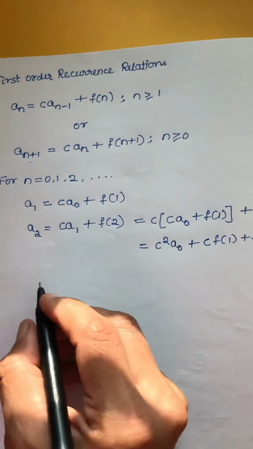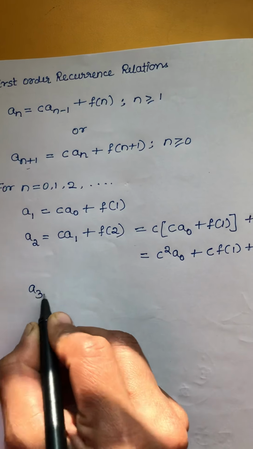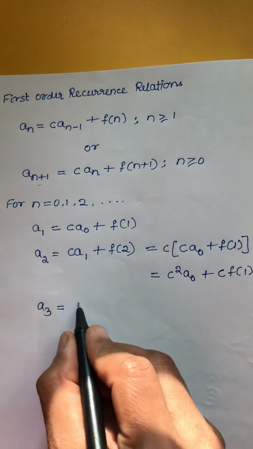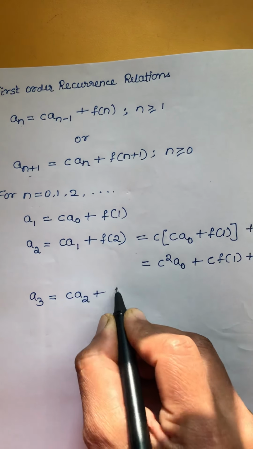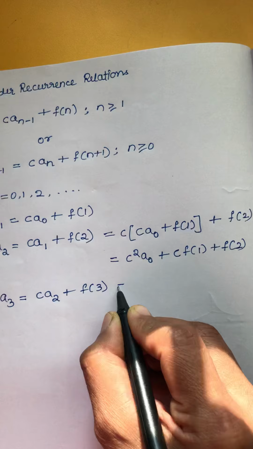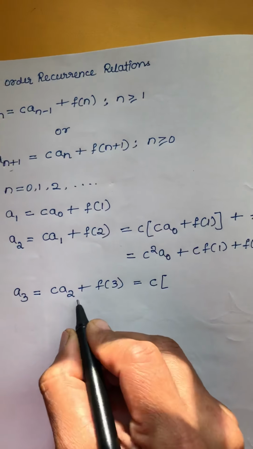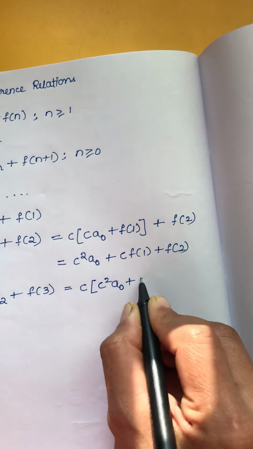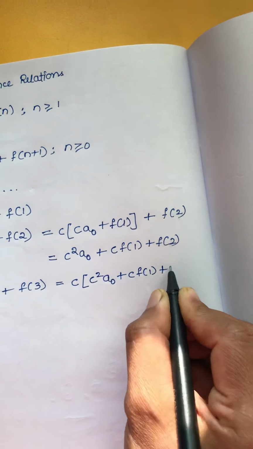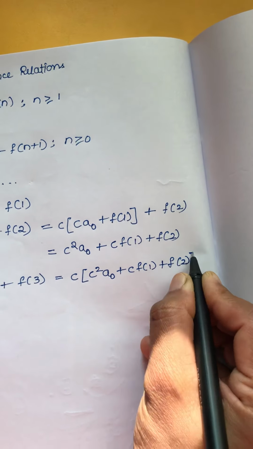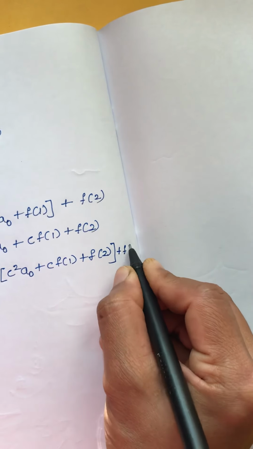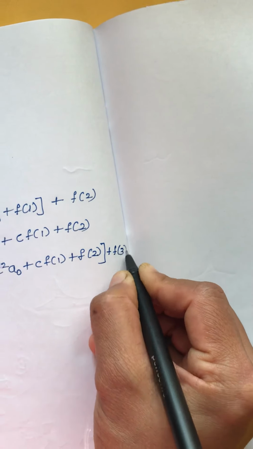Similarly, what's a_3 now? Take n as 2 here, we will get c a_2 + f(3). So this is c into a_2, and a_2 is c^2 a_0 + c f(1) + f(2), then plus f(3).